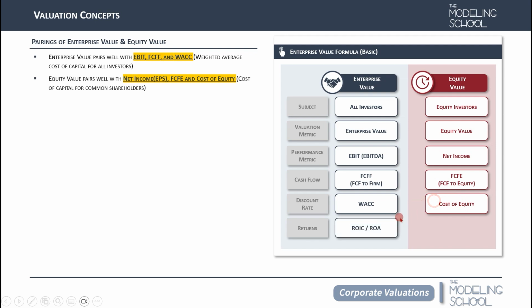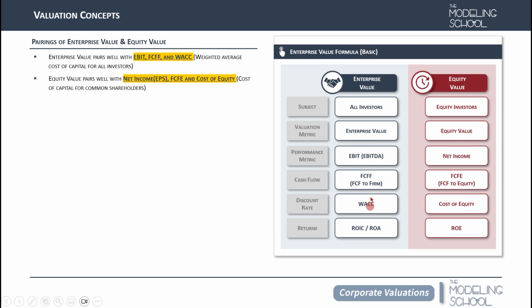Similarly, we have concepts like return on invested capital and return on assets. These are from the entire investor's point of view. And we also have the famous ROE, return on equity, which is from the equity investor's point of view.